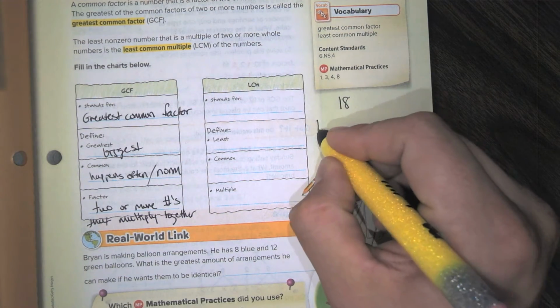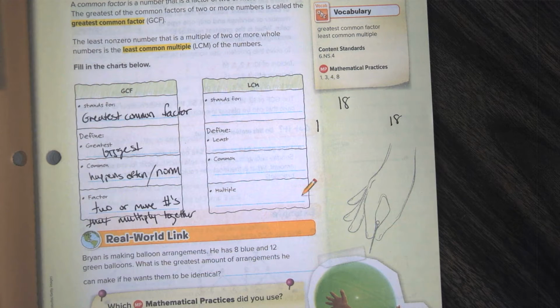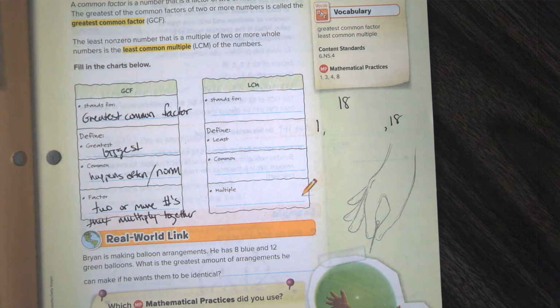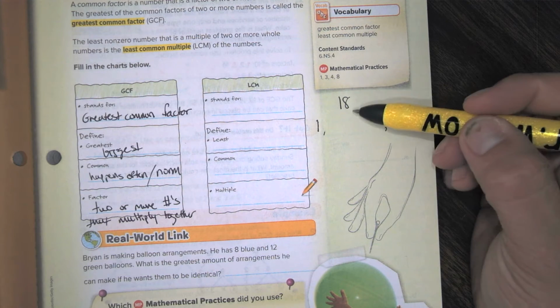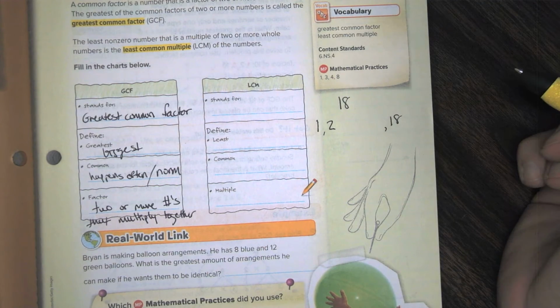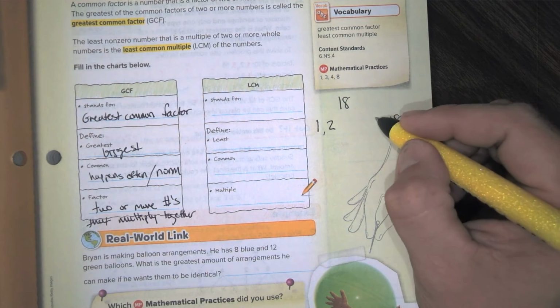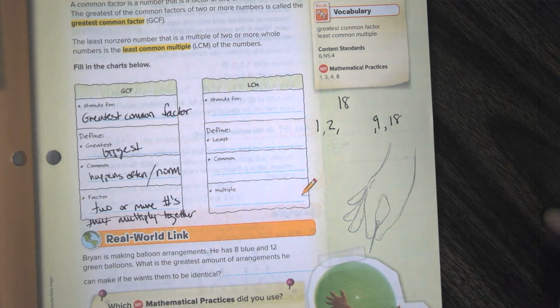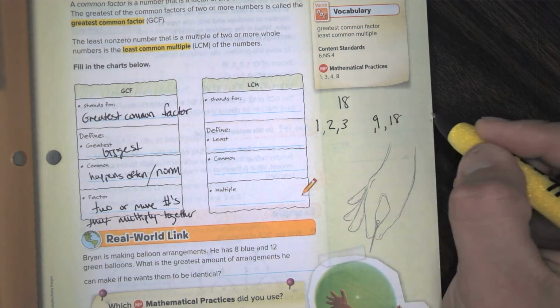I always start with 1 and 18, because what's 1 times 18? 18. Now the next numbers you look at are just numbers that you can multiply to get to 18. Does 2 go into 18? Yeah. 2 times what? 9. Okay, so those are factors. What about 3? Does 3 go into 18? Yes. 3 times what? 6.